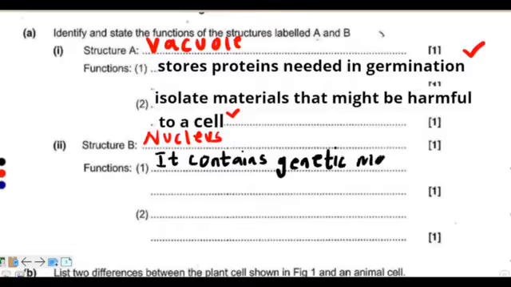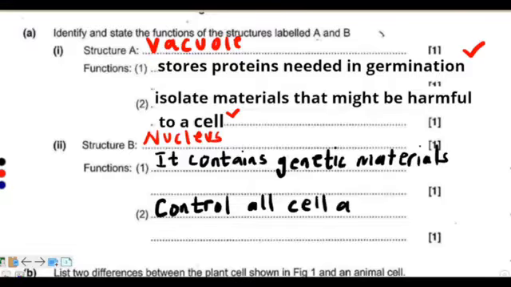The second function, it controls all cell activities. So these are the 2 functions of the nucleus. It contains genetic materials, and it also controls all cell activities.